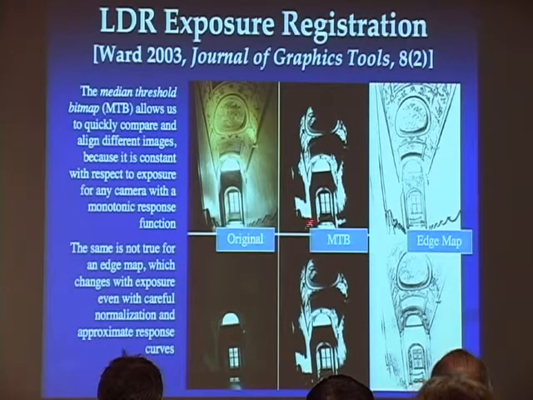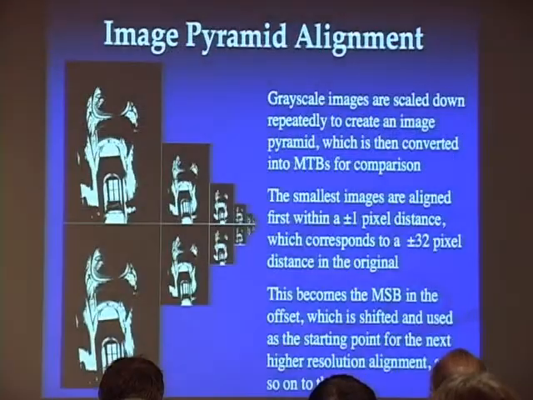So using the median threshold bitmap, the median value in a scene, as long as you're looking at roughly the same scene, doesn't change much. And so by using the median as the threshold, you can generate bitmaps that are very similar even for quite different exposures. And then we use a pyramid scheme to arrive at the actual alignment.